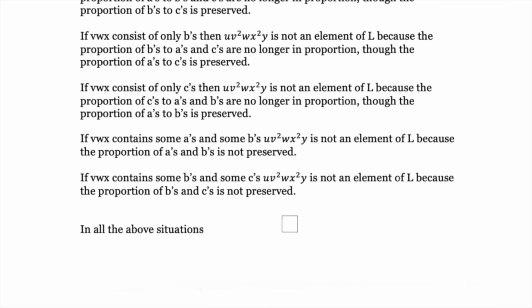Finally, we can conclude that in all the above situations, regardless of how we decompose the word z into u, v, w, x, and y, if v and x consist of some a's and some b's, or some b's and some c's, then the segregation of the 3 blocks of letters is not preserved.